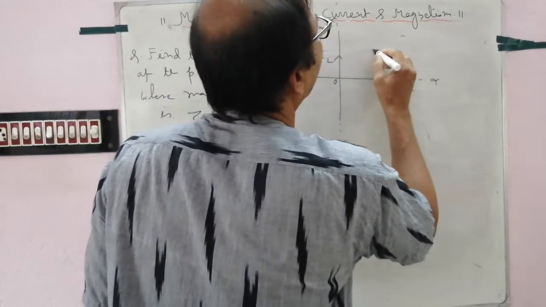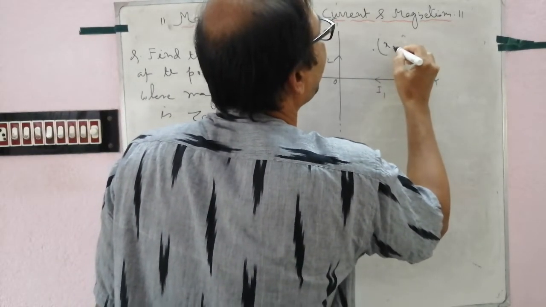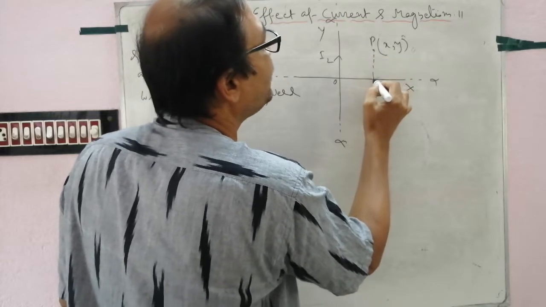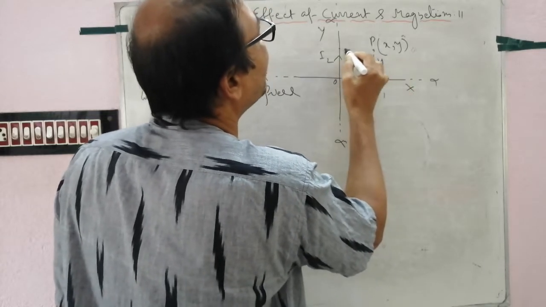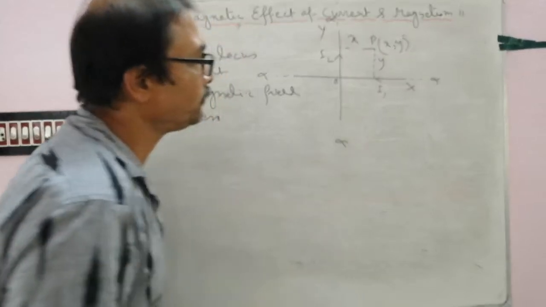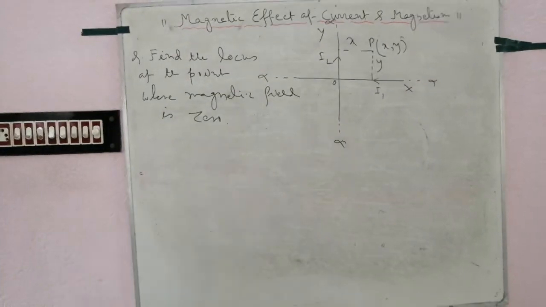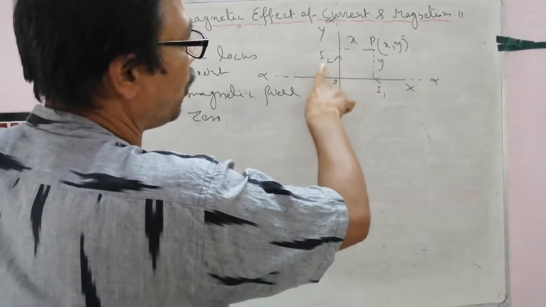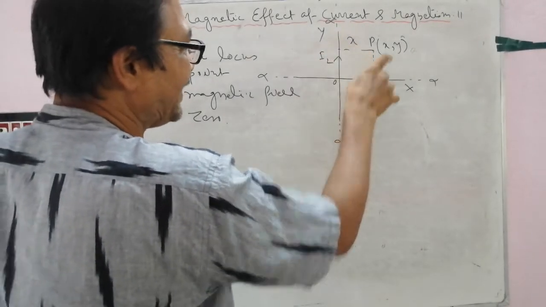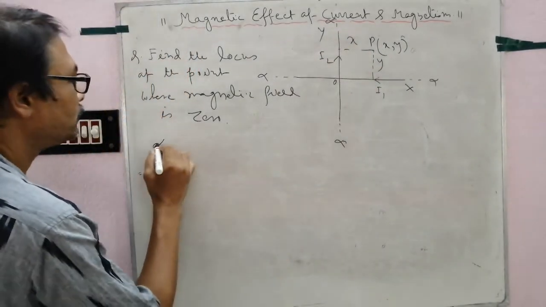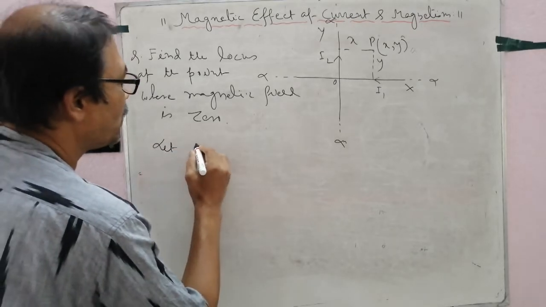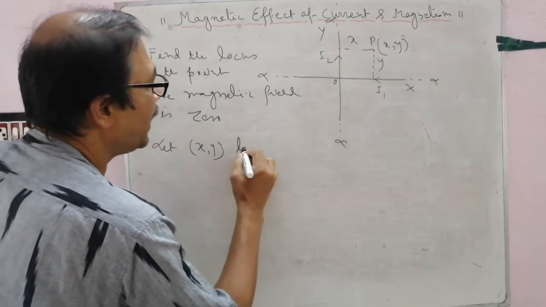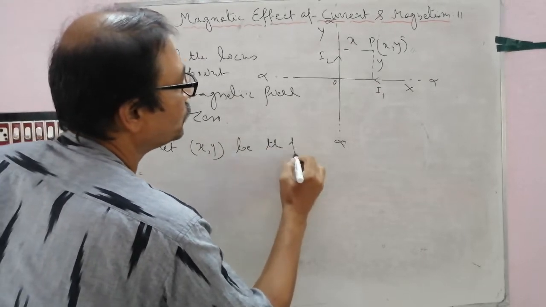Suppose the coordinates of the point are X, Y. This is the point P. From this wire the distance is X, let XY be the point.